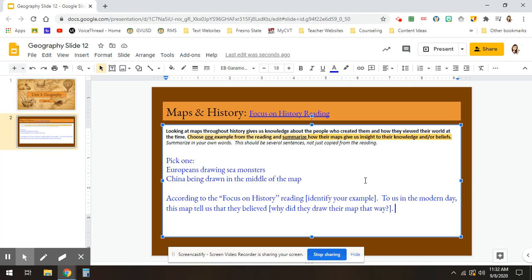That's one example. So you need to explain in your second sentence what we in the modern day are learning from this map. Not just that they had maps or where things were, but what does it tell us about their brains or their thought process? That's where we're going with that second sentence.